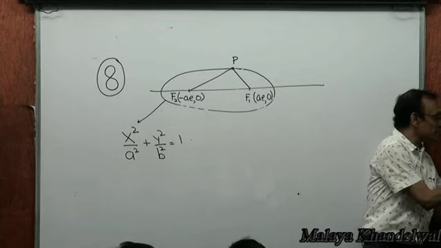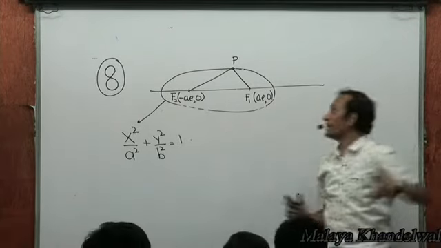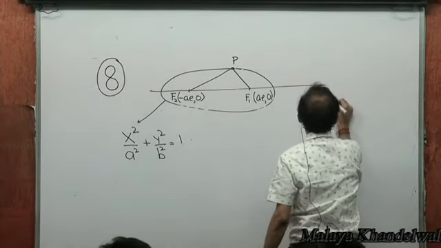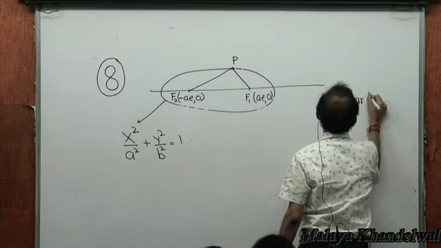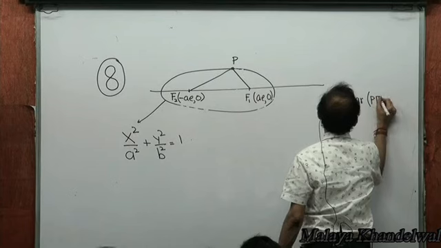We want to find the maximum possible area of triangle P f1 f2.